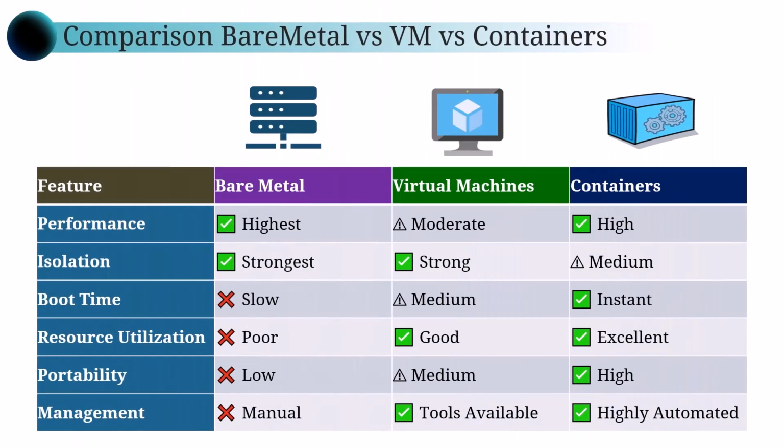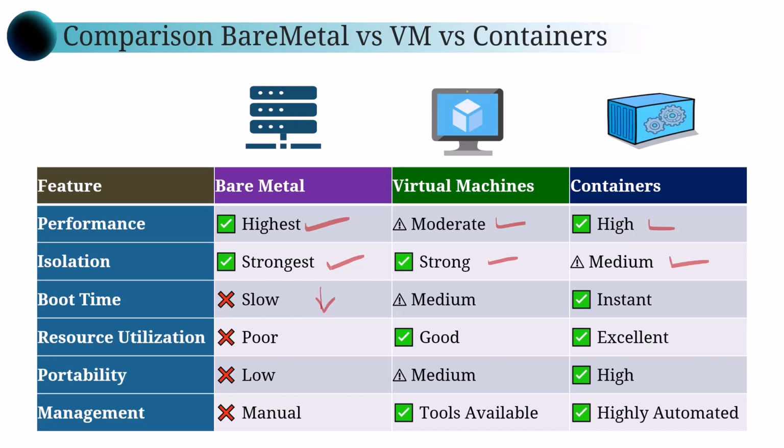Now that we have understood what bare metal, virtual machines, and containers are, let's see a quick comparison between them. In terms of performance, bare metal provides the highest performance, followed by virtual machine and then containers. Isolation is the strongest in bare metal, followed by virtual machines and then containers.